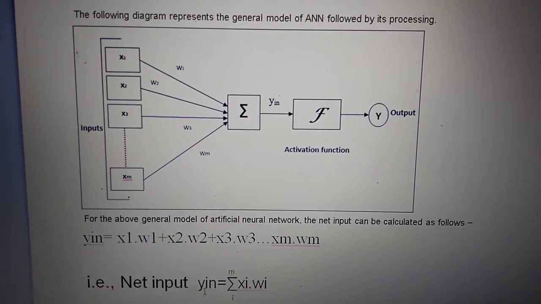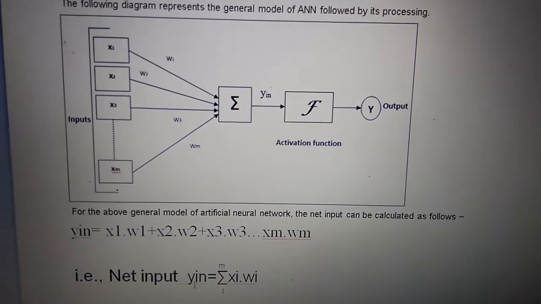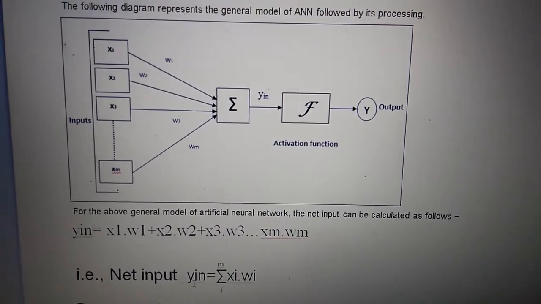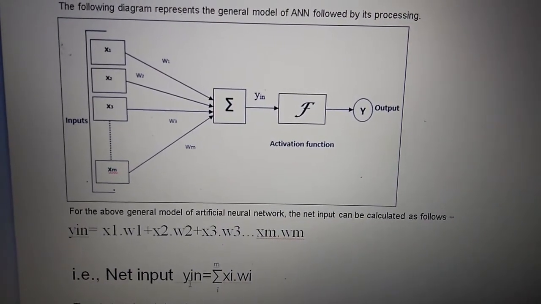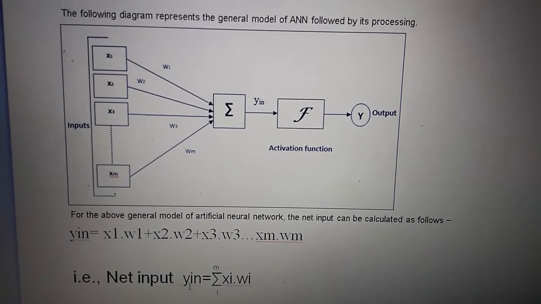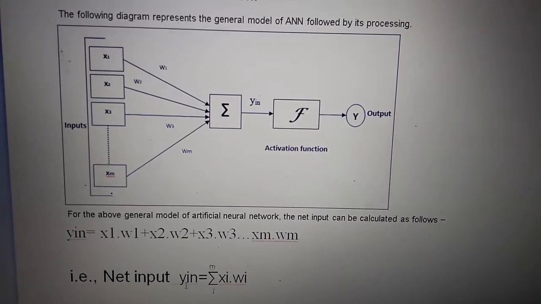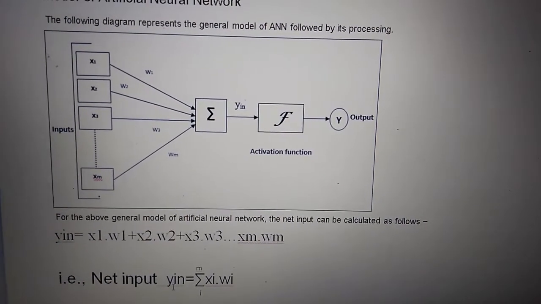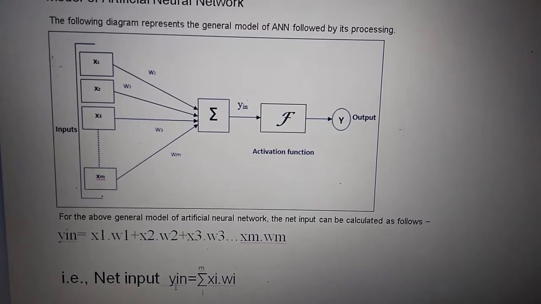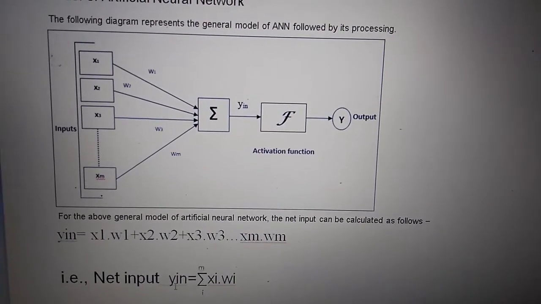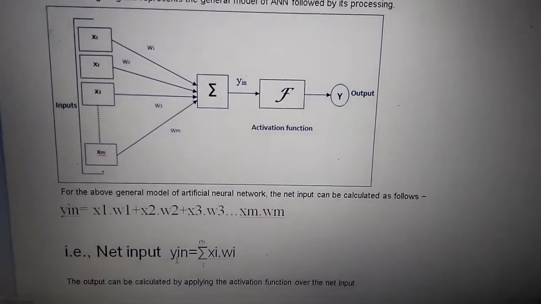So we note it as y_in is equal to the summation from i equals 1 to m of xi wi. It means if you have 4 nodes, this summation runs from i equals 1 to 4. So net input is y_in is equal to the summation over i to m of xi wi.